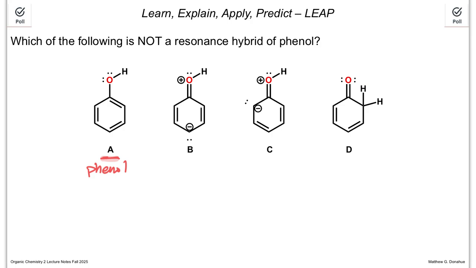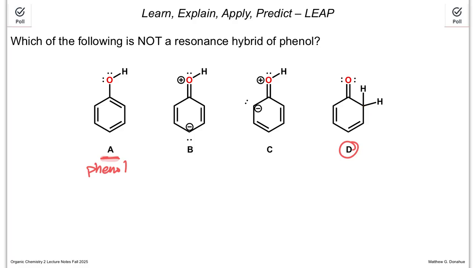So remember that resonance is not the movement of atoms. So one of these is showing atoms moving. Which one is it? So D. C in phenol has OH, that H. In structure D, we've moved the H from the oxygen to a carbon.